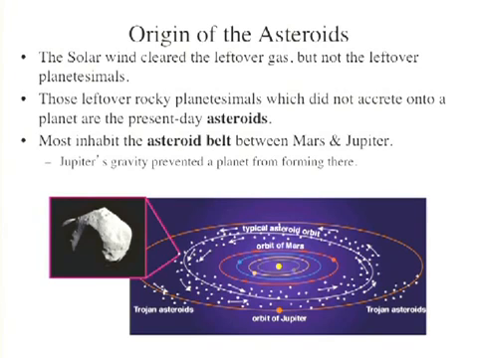And the fact that there are these Trojan asteroids, it turns out that if you have an orbiting planet, it will have, out here, what's called a Trojan point, where the three bodies can orbit around.